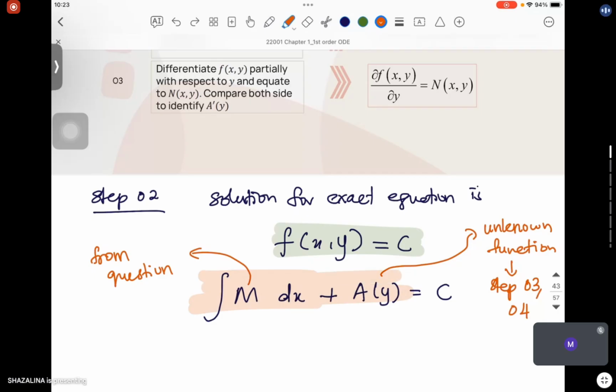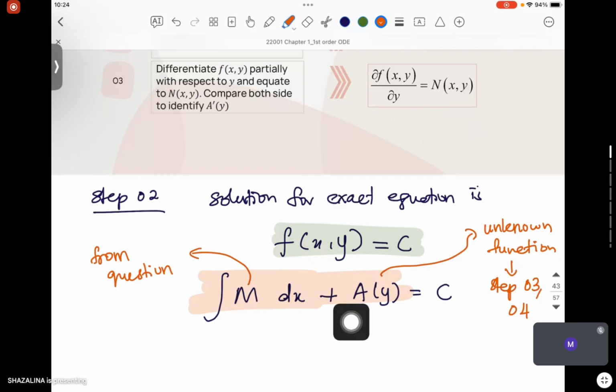Ni semua yang sebelah sini ni. Differentiate partially with respect to y. And equate. Dah differentiate all the answer and equate with N. Tadi M, kita make it equate to N.